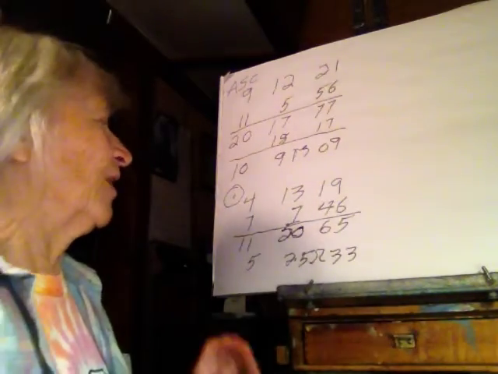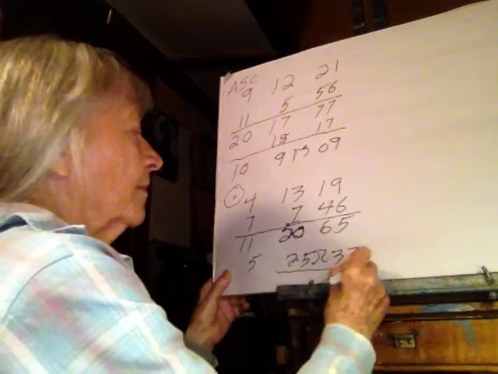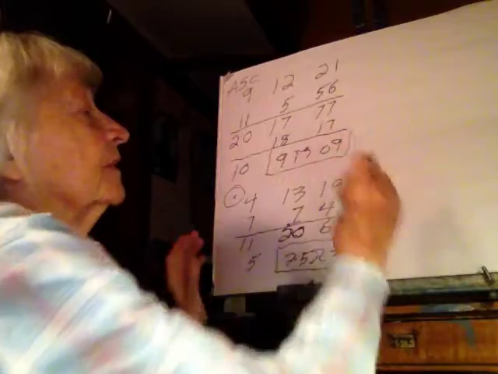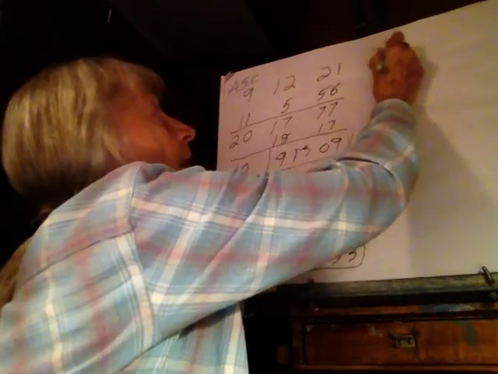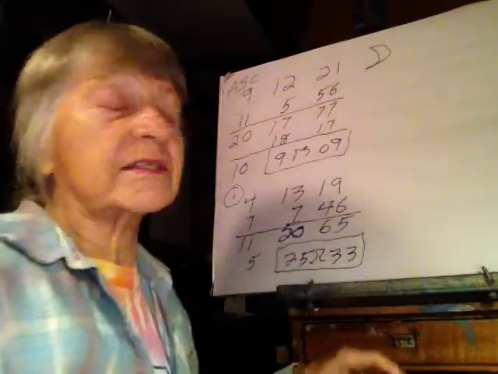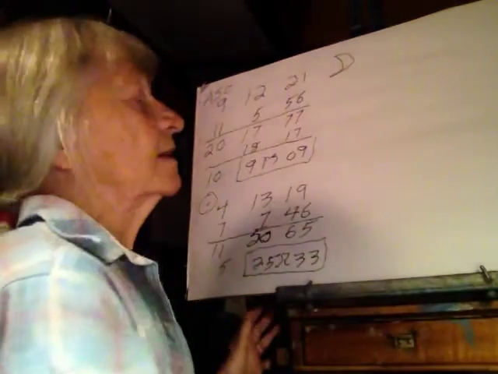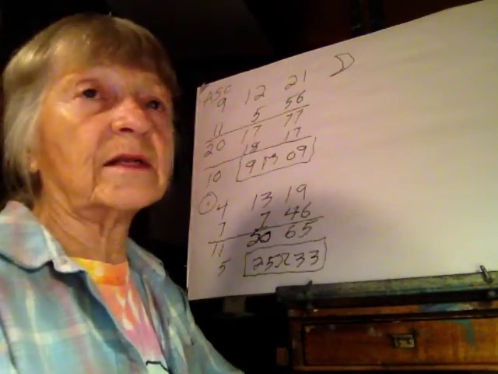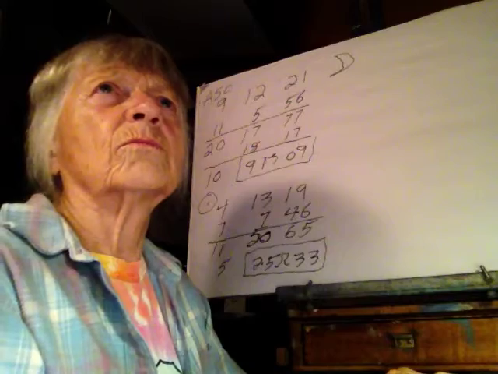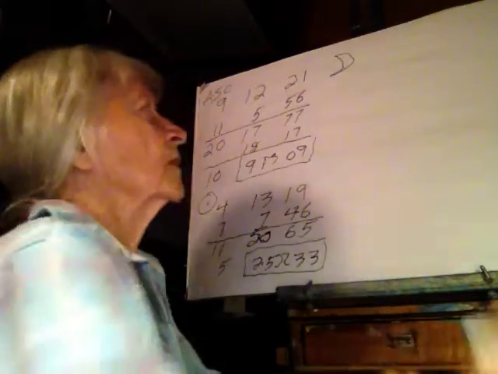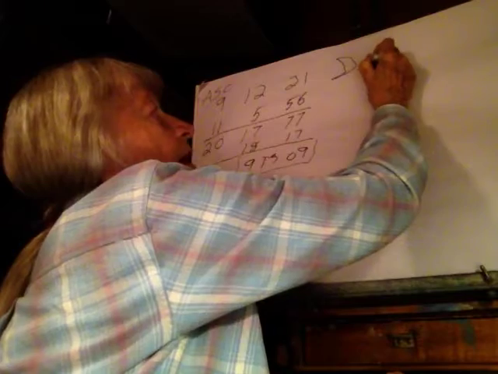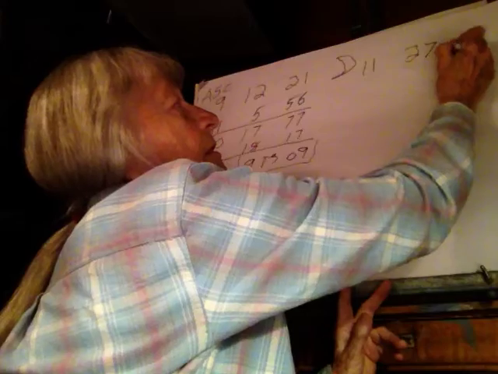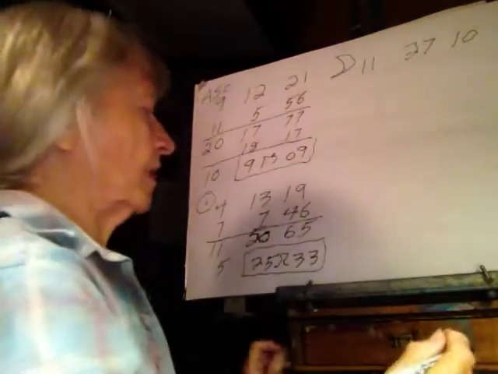Great. Okay, so Leo sun, Capricorn ascendant. Let's see where the moon is here. Now the United States moon is in Aquarius, which is the 11th sign. So it's 27 Aquarius 10. So 11th sign, 27 degrees, 10 minutes.